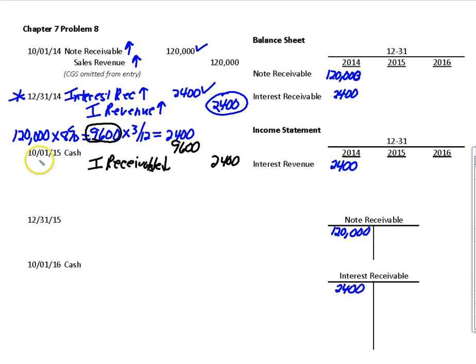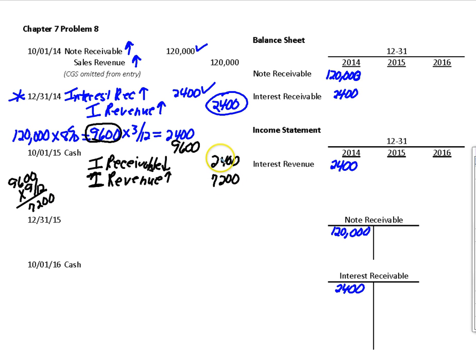And then the 9 months that pertain to 2015 is going to be interest revenue. Let's see, $9,600 for 9 months is $7,200. Okay, so let's put our $7,200 there.